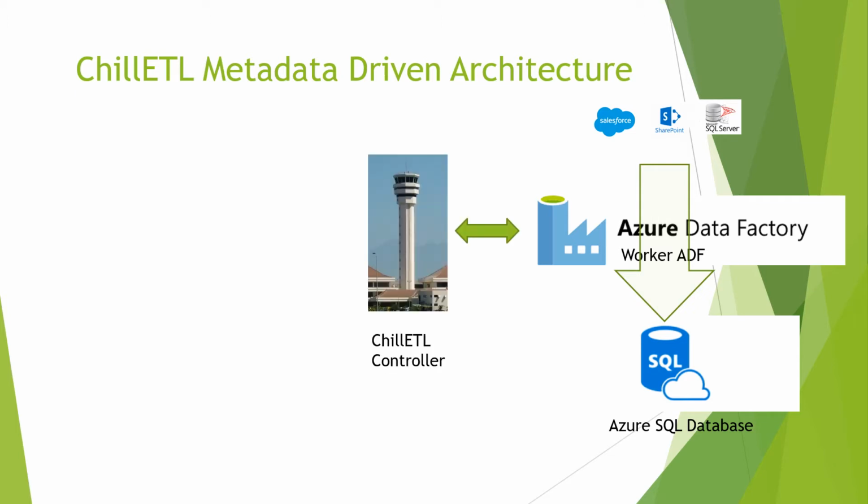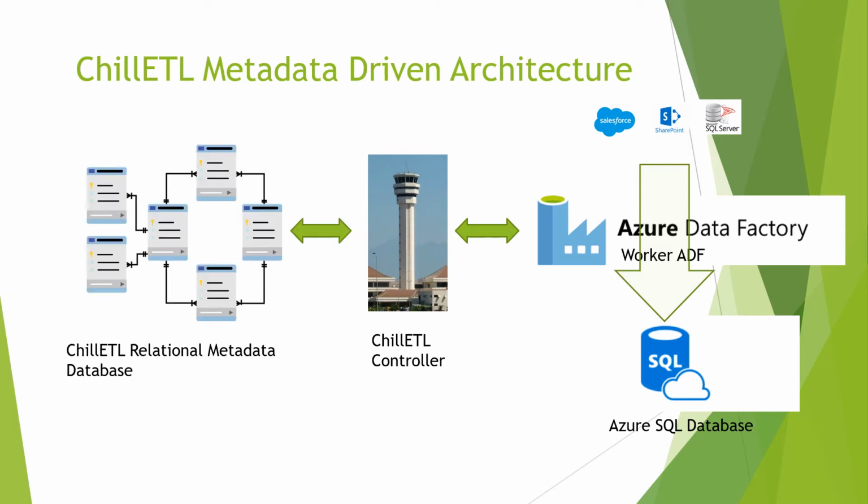Where ChillETL comes in is that it's going to act as the controller, determining which pipelines need to run when, which ones could be run concurrently, which ones could be run sequentially, and then log all that processing so we could see where ChillETL is at and if anything failed. All this is done by the ChillETL controller talking to a metadata database that would sit in SQL Azure.